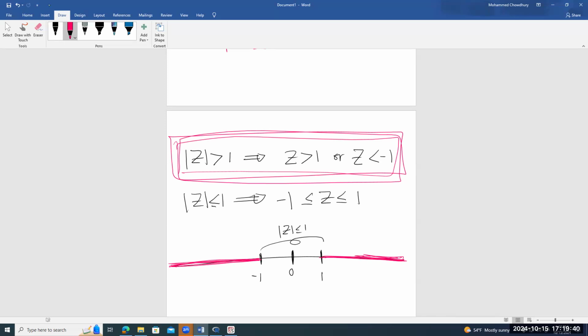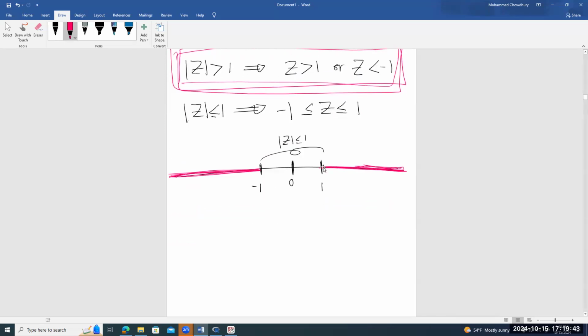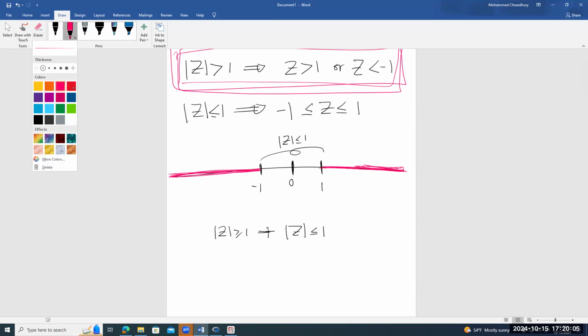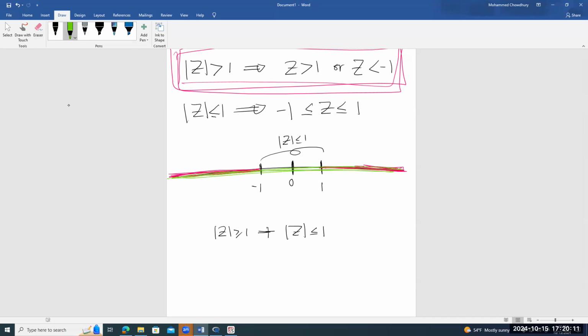So that means if someone asks you, could you explain to me the meaning of this, absolute Z greater than or equal to 1 plus absolute Z less than or equal to 1, you will say this means this entire real line. Okay, the entire line. Clear, right?